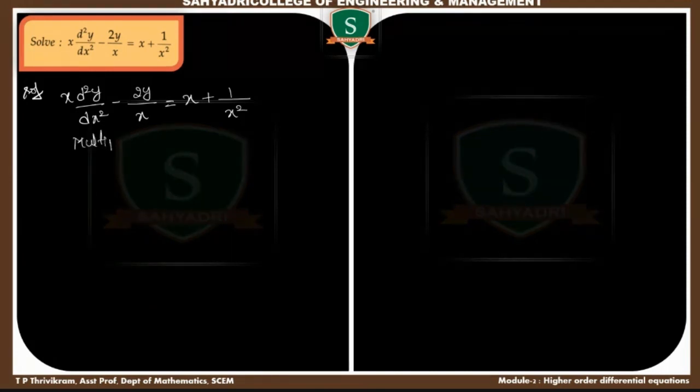So I'll get x square d square y by dx square minus 2y is equal to, if you multiply with x, you'll get x square plus, here 1 x gets cancelled, 1 by x will remain.